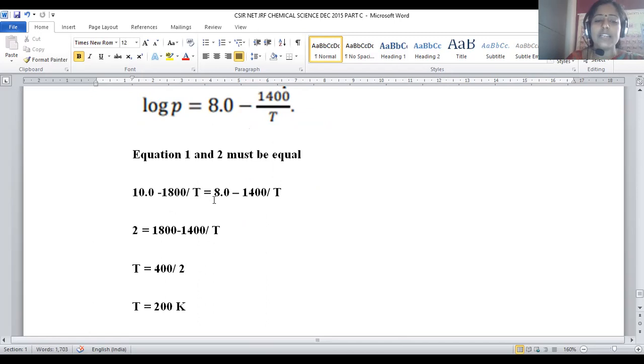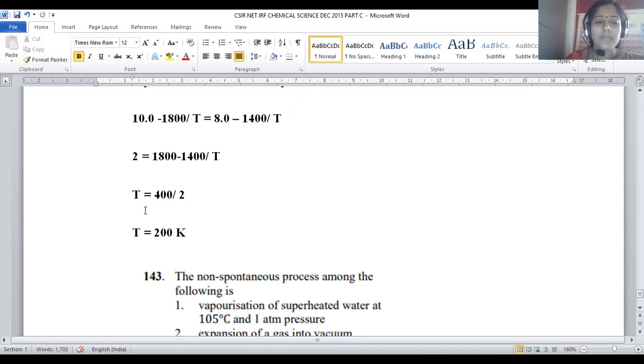10 minus 1800 by T is equal to 8 minus 1400 by T. Now we can get the relation. Here 10 minus 8, the difference will be 2, right? So 2 is equal to 1800 minus 1400 by T. The difference will be 400 by T. Then the temperature can be taken to this side and 2 to the right-hand side.